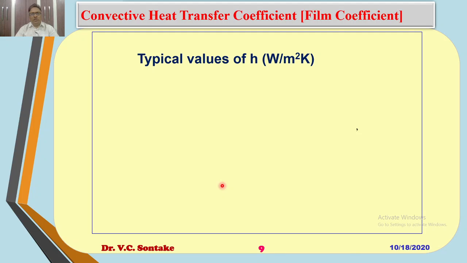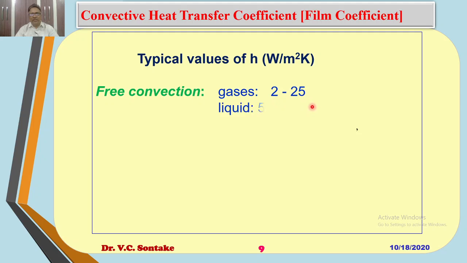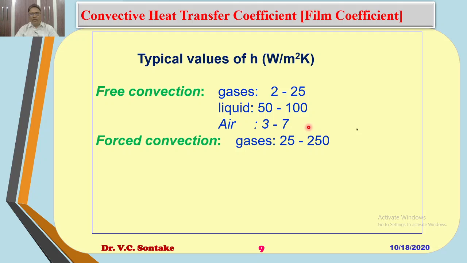Now typical values of h. As we have defined different types of convection like free convection and forced convection, the value of h will have a typical range. For example, in free convection, gases will have a value of 2 to 25 watt per meter square Kelvin, liquid 50 to 100, air 3 to 7 watt per meter square Kelvin.